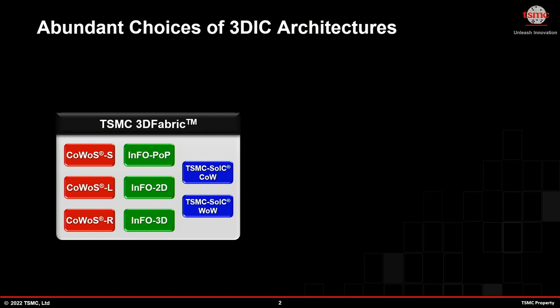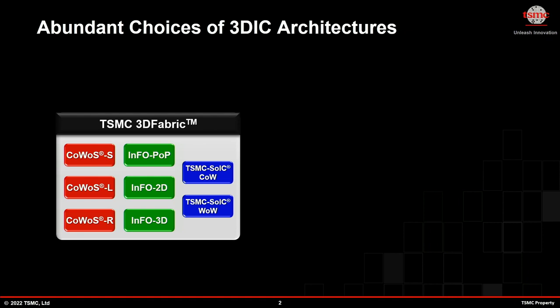Then from CoWoS-R, we created CoWoS-L, where the L stands for local silicon interconnect. Inside the RDL interposer, we are able to place silicon interposers selectively in the needed locations to provide even higher bandwidth using silicon interconnects. And it's designed for very large chiplets of more than 10 reticle size.